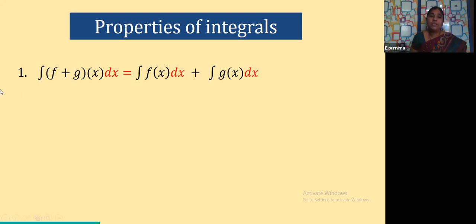Suppose you have two functions together as a sum, as a single function, then while finding the integral, we split them into two integrals. It is not confined to two functions, children. You can have more functions also, f plus g plus h plus so on. Any number of functions you may have, that many integrals it is split into.